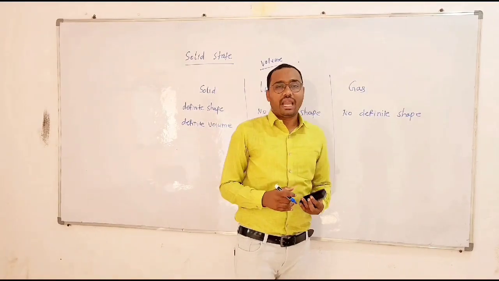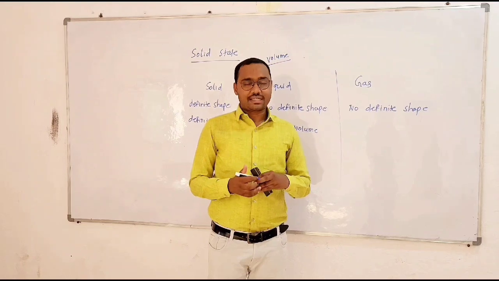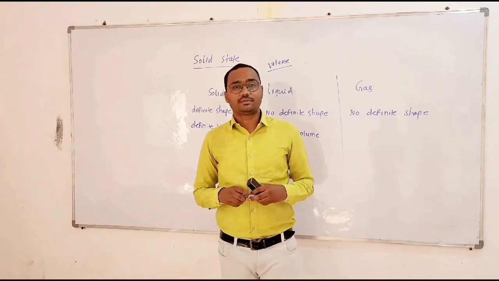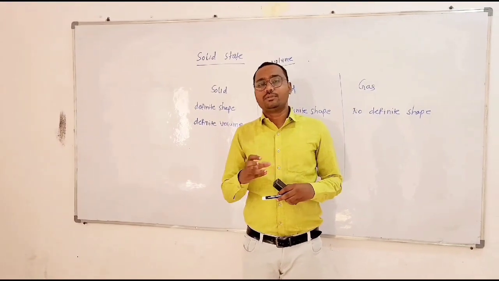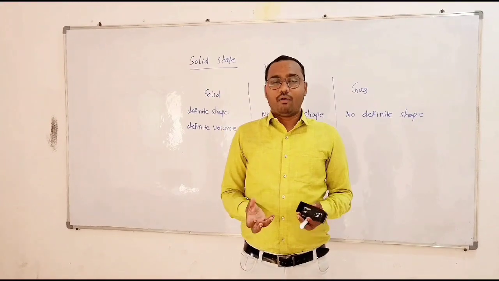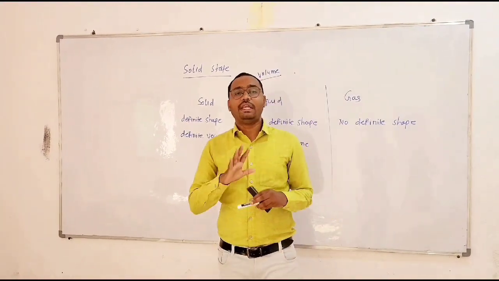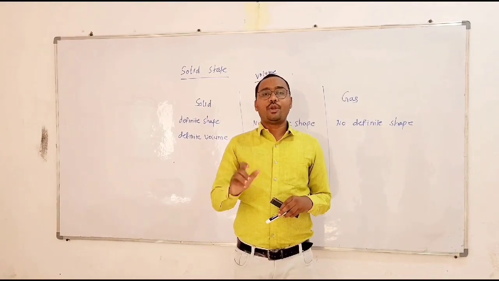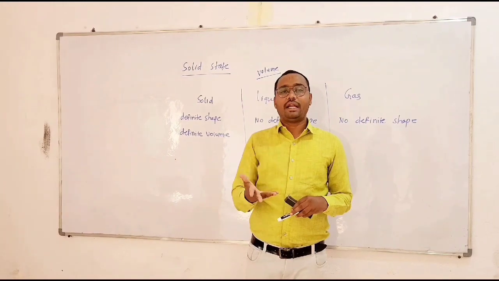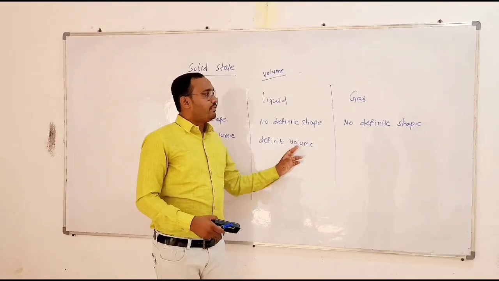Then how can we visualize that liquid has a definite volume? Simply, you just have to do one activity. Take 1 liter of water, divide it into a number of glasses. Then again the water which is present in the glasses, pour it back into the bottle of 1 liter. You will see that there is no change of volume. Based on that activity, we can conclusively say that liquid has definite volume.